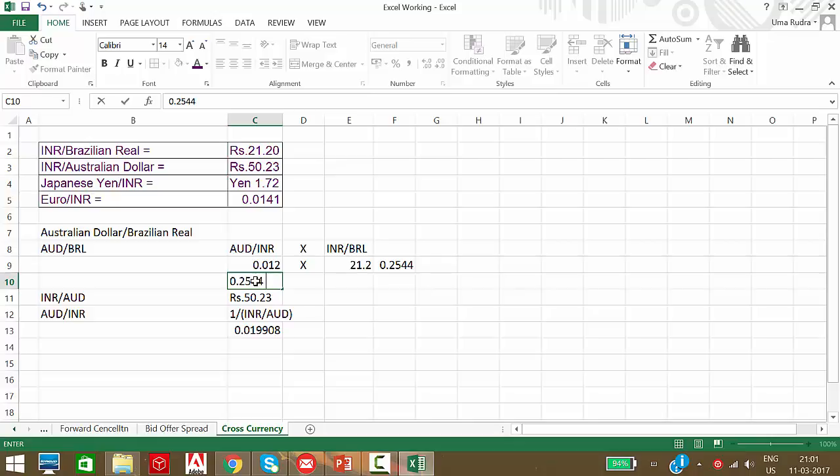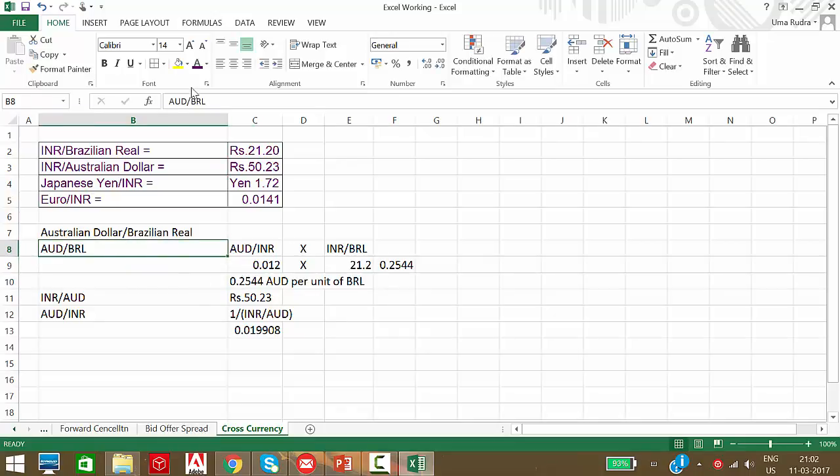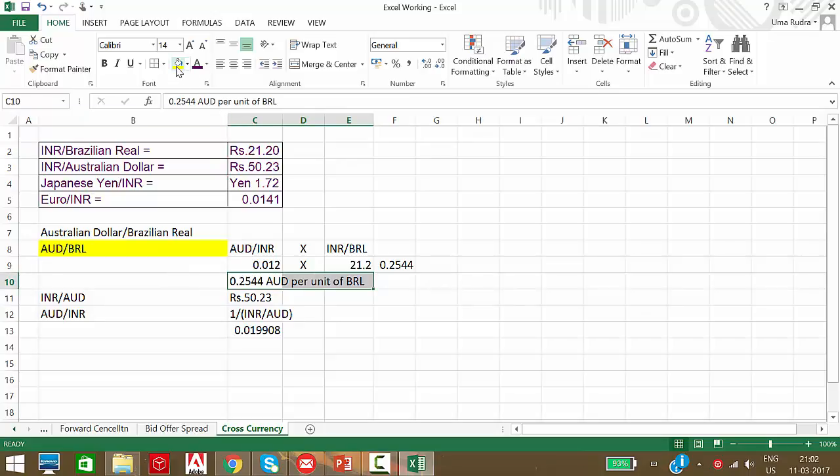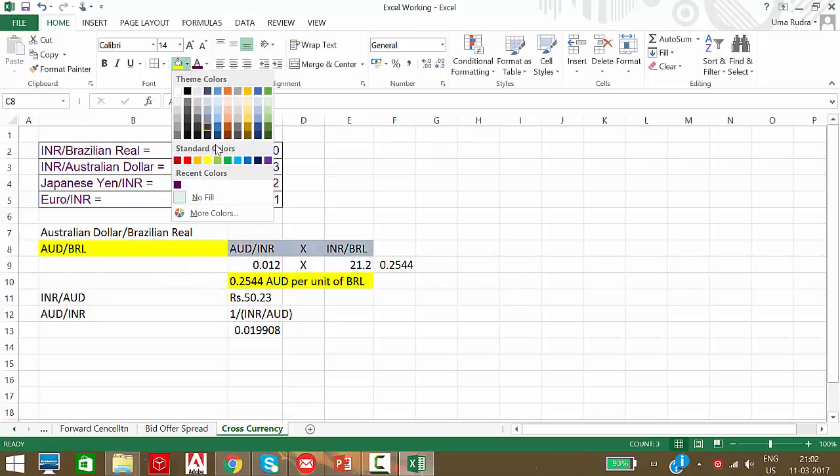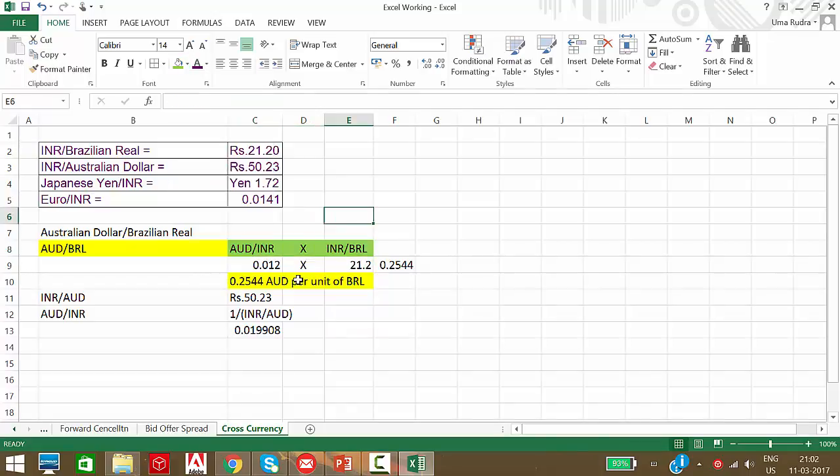What is that? Australian dollar, AUD per unit of Brazilian real, which is the cross rate I wanted to calculate. Let me put a different color code so you will understand how I have got this. Clear?